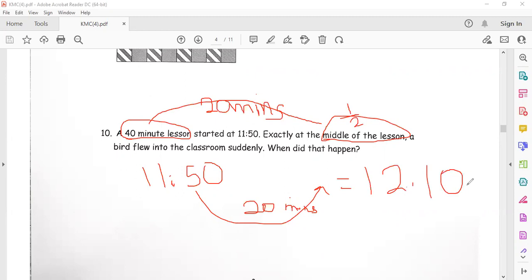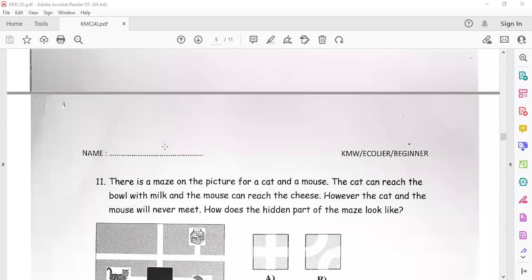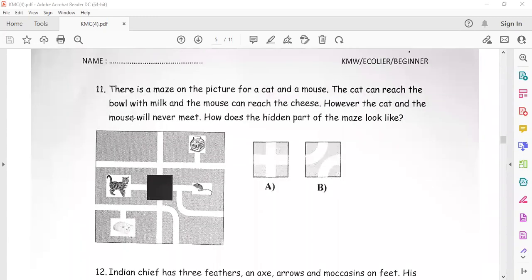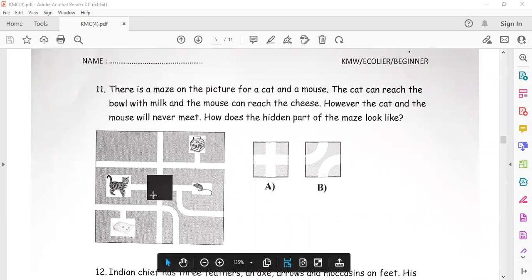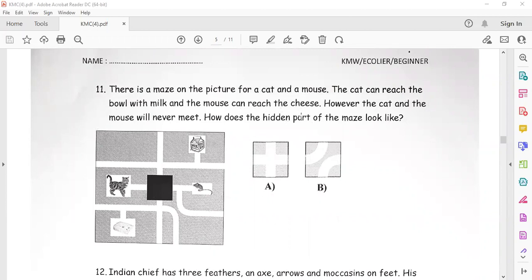At 12:10, your options should be there, A, B, C, D, E, and this incident happened. Okay, clear. Let's move on to question 11. In question 11, there is a maze on the picture for a cat and a mouse. Look at the picture here. The cat can reach the bowl with milk and the mouse can reach the cheese.